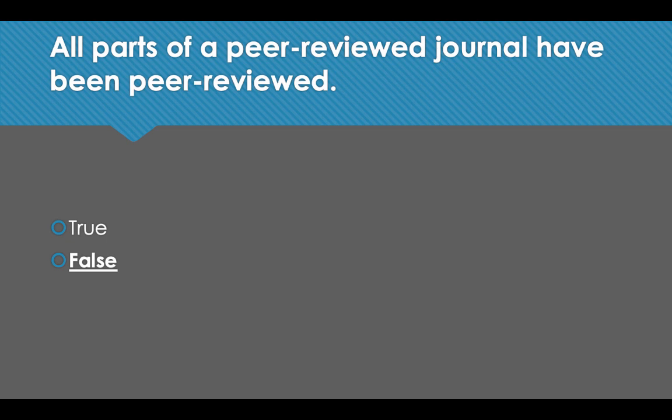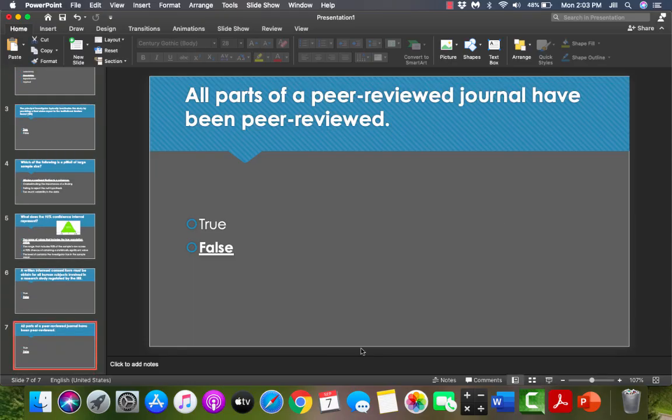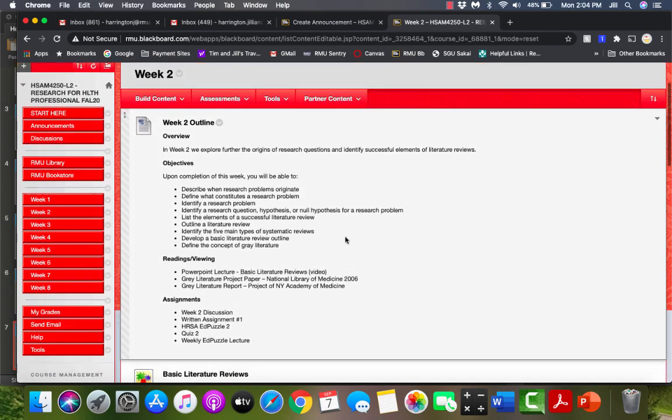So, no, not all parts of a peer-reviewed journal have been peer-reviewed, and that's why it's really important to look closely when we're looking to do research and looking to do, for example, your undergraduate thesis. You want to be looking for articles that are peer-reviewed from a peer-reviewed journal. Opinion pieces and editorials are not really what you want to be looking for. And that's that.